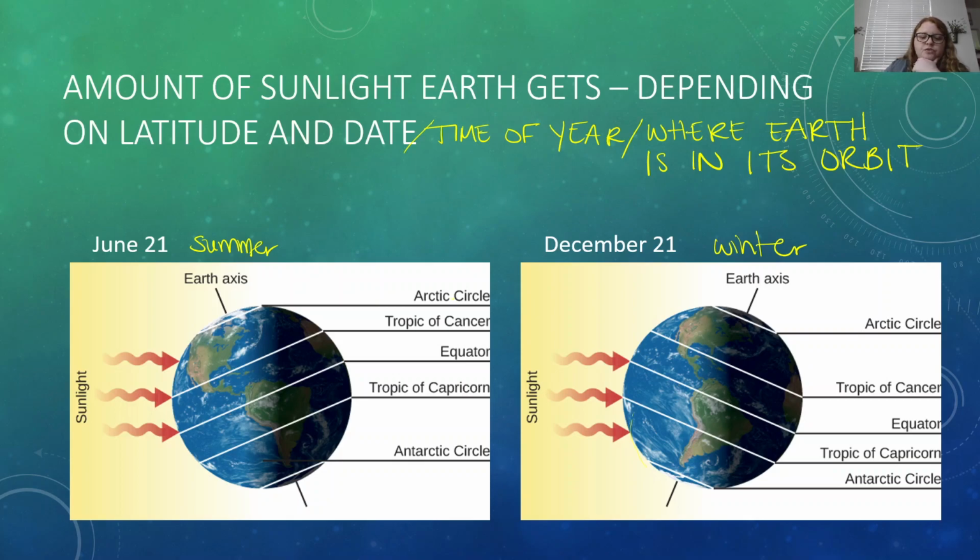Okay, and it shows you kind of where we live. So we live here in California, somewhere around right here. Okay, so we're going to be getting quite a bit of sunlight here. And then during the winter, we're not going to get as much direct sunlight. Okay.